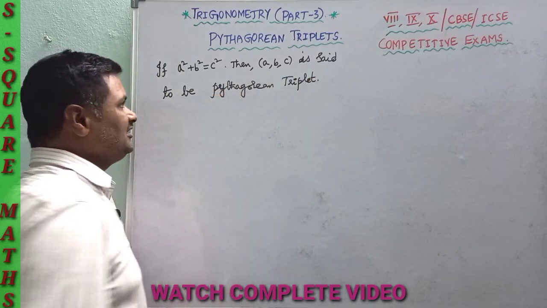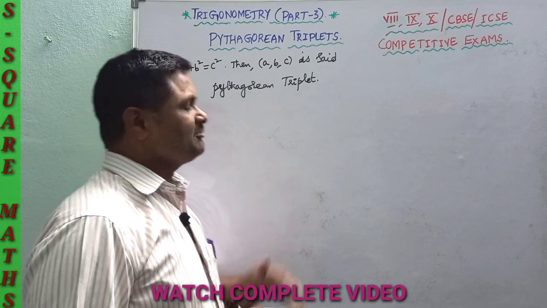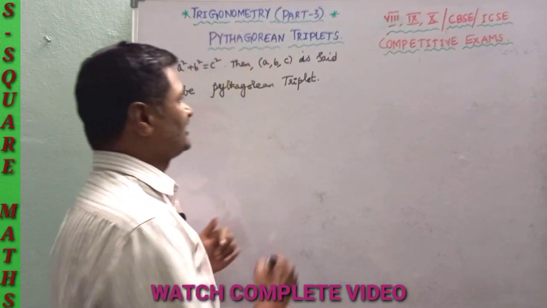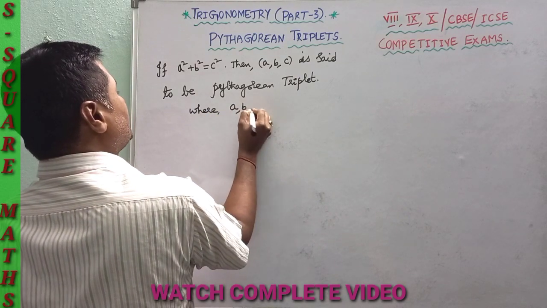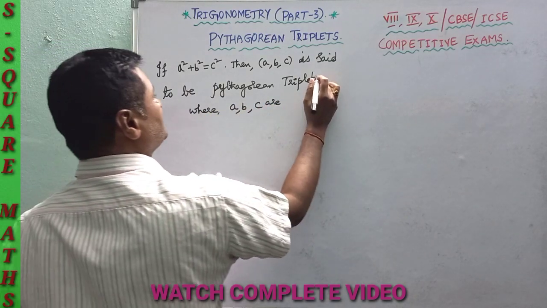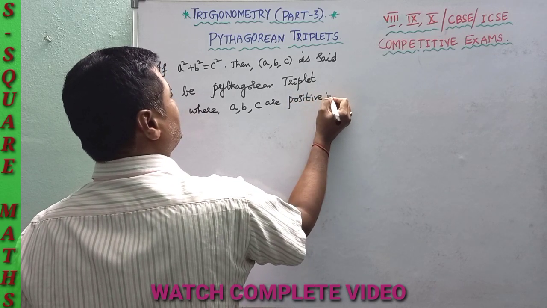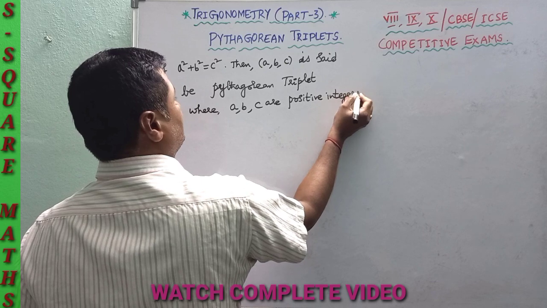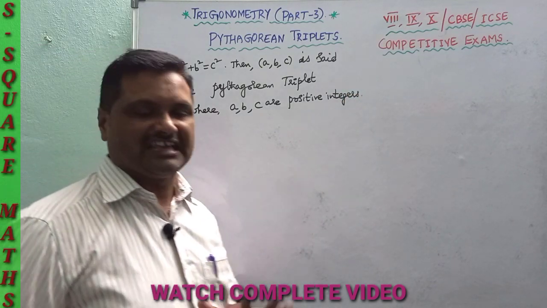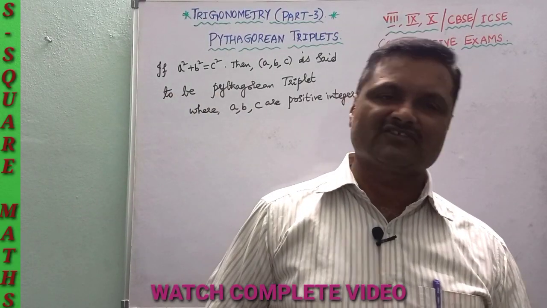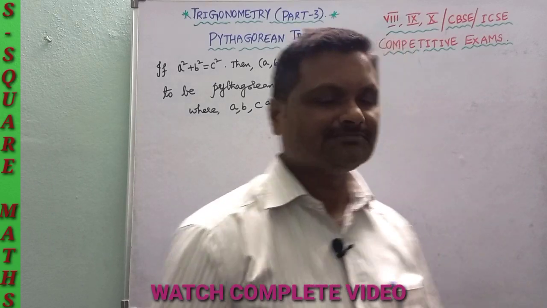The condition is that a, b, c are positive integers. Once again, if a square plus b square is equal to c square, or c square is equal to b square plus a square, then a, b, c is said to be a Pythagorean triplet.